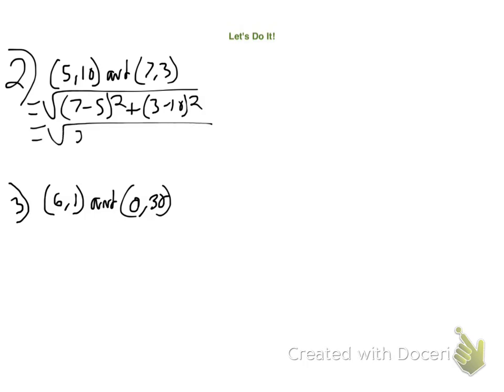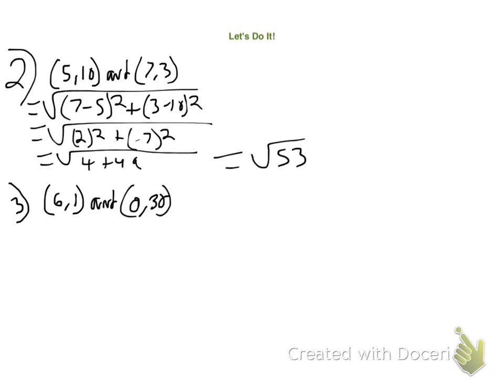Okay, 7 minus 5 is 2, 2 squared, plus 3 minus 10 is negative 7 squared. 4 plus 49, that's the square root of 53, which I don't think you can simplify anymore. So this is our final answer, square root of 53.